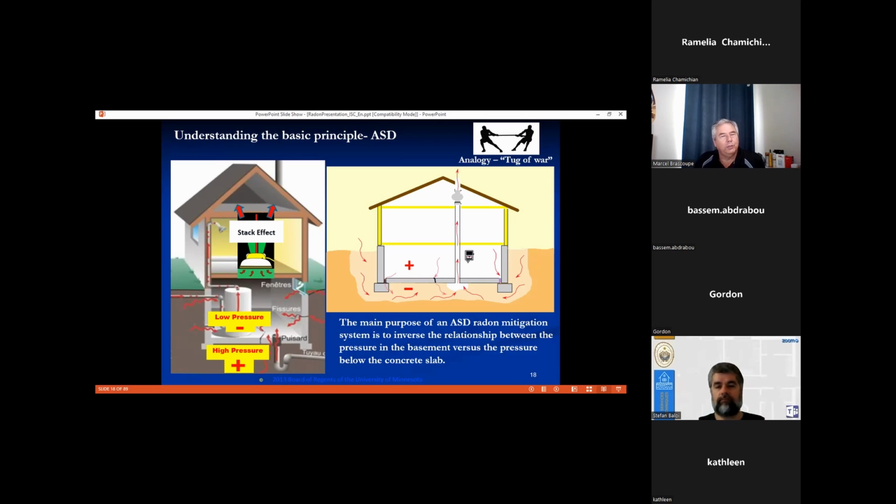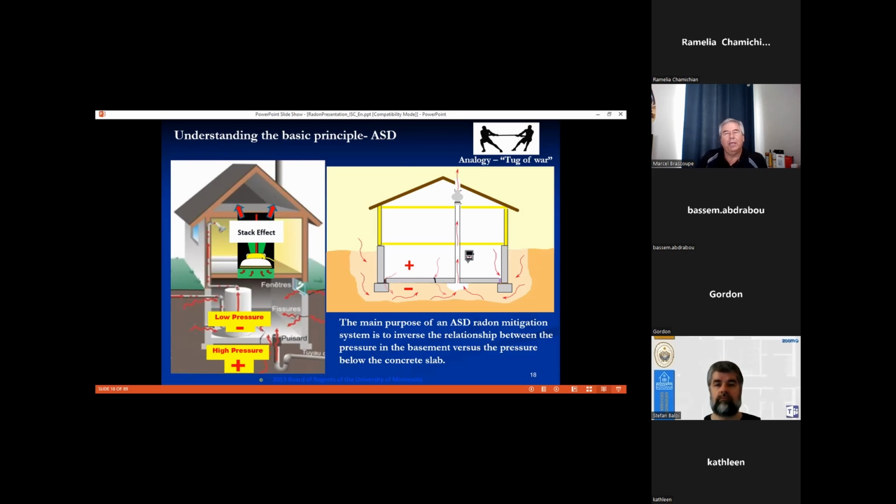What we want to accomplish is to do just the opposite. We want to lower the pressure underneath the concrete floor, or underneath the house, so it's less than what it is inside the basement. And at that point, the pressure in the basement is going to prevent the radon from getting into your home.